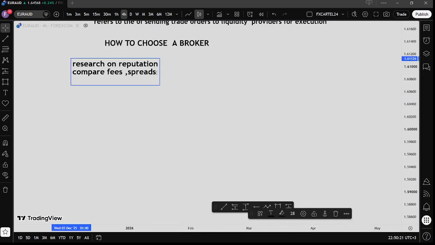Okay, so let's go to another thing: evaluate a trading platform. The accessibility and easy way of understanding their platform.